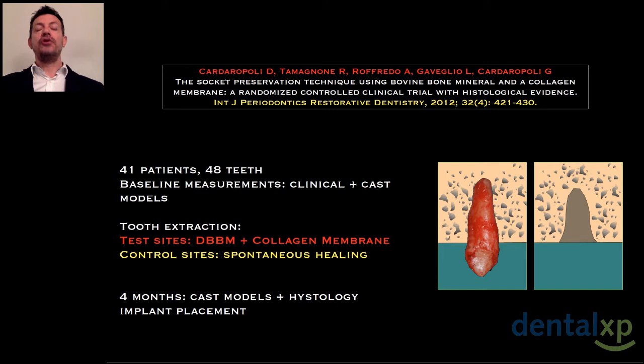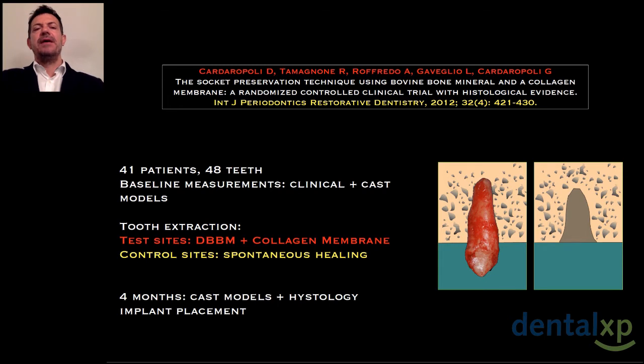In the test group, the sockets were grafted with demineralized bovine bone mineral blended with 10% of collagen and then protected with a native collagen membrane. In the control group, the sockets were left for spontaneous healing.